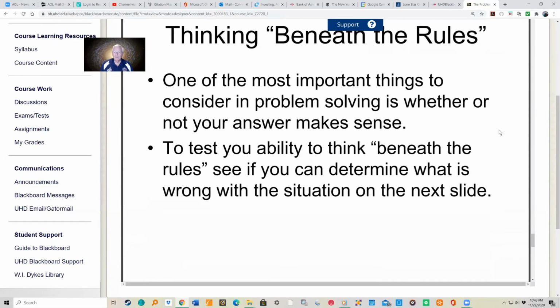It's important that you learn to start thinking beneath just the process, just beneath the rules. And what Polya and what problem solving in general tries to get us to do is to consider whether or not your answer makes sense. And so if we have students who can fill out a problem solving board effectively, you have what you need to make that first step in the Sigma grid.